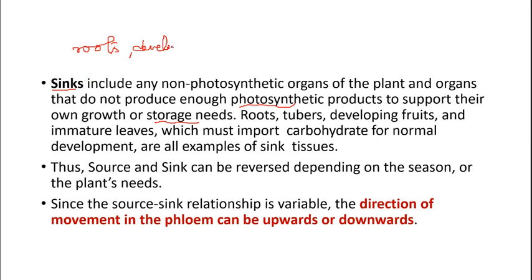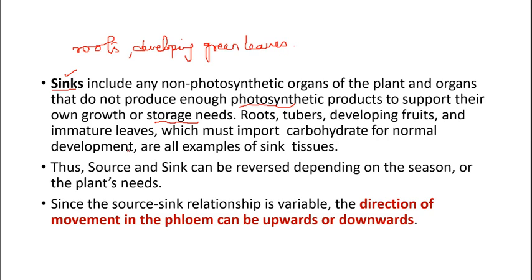Developing leaves are green in color, but they cannot synthesize enough photosynthate. They require a large amount of photosynthate, but do not synthesize enough, so they are dependent on the source. Since they are dependent on the source, they are also sinks. Developing green leaves are also sinks. Other sinks include the roots, tubers, developing fruits, immature leaves, etc.